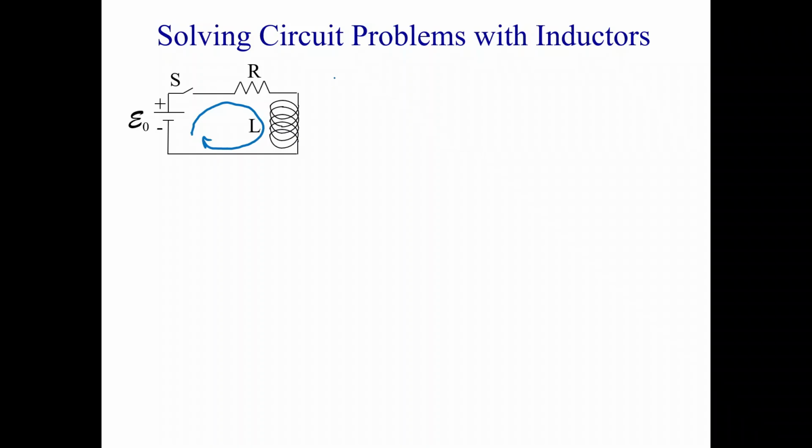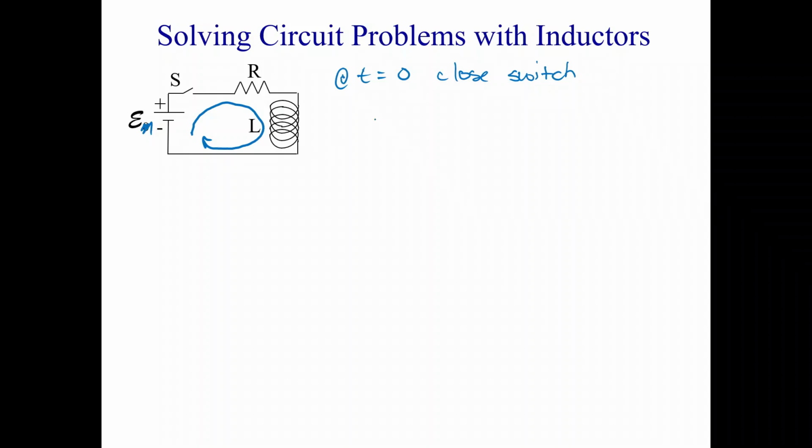We're going to assume that at t equals 0, we close the switch, so the initial current in the circuit is 0. Then we let the switch be closed for a really long time. I'm not going to use E0 right now, we're just going to use E, because I'm going to use the equation straight up.